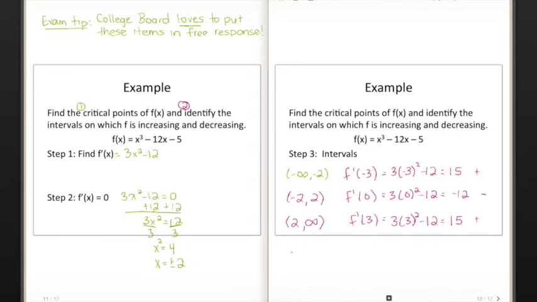So let's take a minute and think about what this means. On my first open interval, my function was increasing, which means it has a positive slope. On my second interval, it is decreasing, which means it has a negative slope. And on my third interval, it went back to increasing. While we don't have a full picture of the graph in front of us, we can sketch an idea of what that might look like.